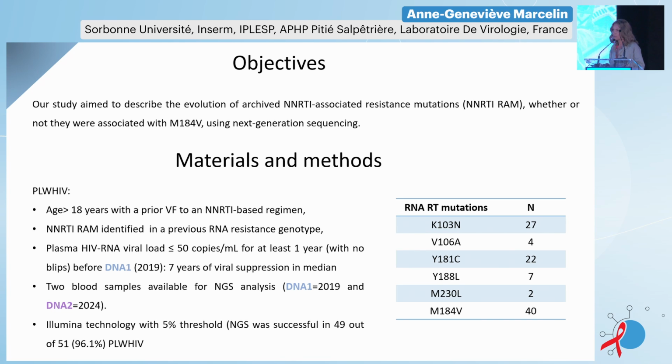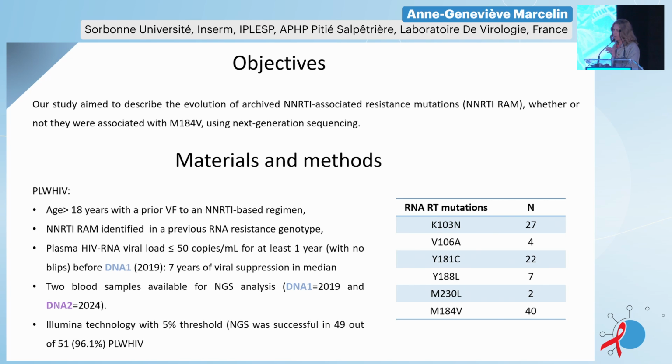And it's important to note that at this time, at DNA1, patients were undetectable for a median time of 7 years. Then 2 blood samples were available for NGS analysis, DNA1 in 2019, and the second one 5 years later in 2024. So we used Illumina technology with a 5% threshold for the analysis, and NGS was successful in 96% of the samples.